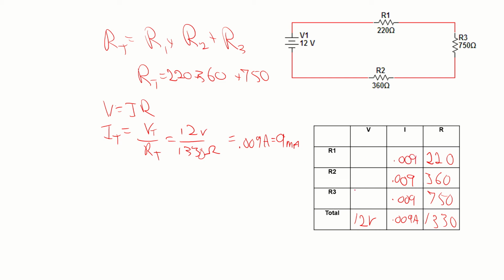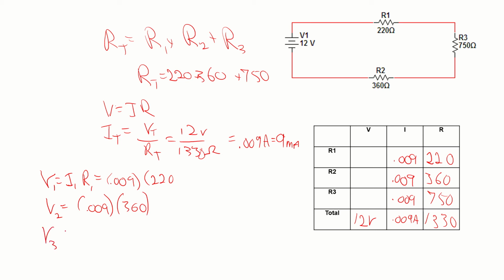So now I just need to find my other 3 voltages. So again, V equals IR. V1 equals I1 R1, so that is 0.009 times 220. V2 is 0.009 times 360. And V3 equals 0.009 times 750.